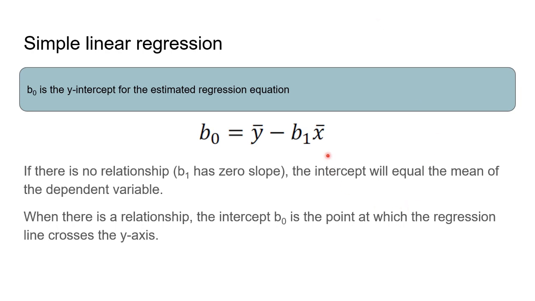So if you can imagine, if b1 is 0, then this whole component is 0, which means that b0, the y-intercept, has to equal the mean. If the value is non-zero, it will adjust the y-intercept.